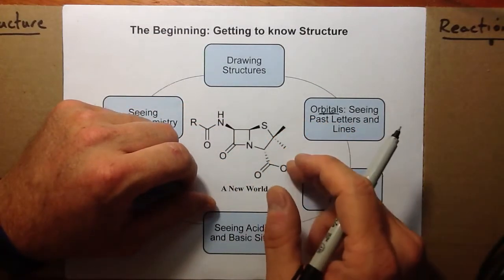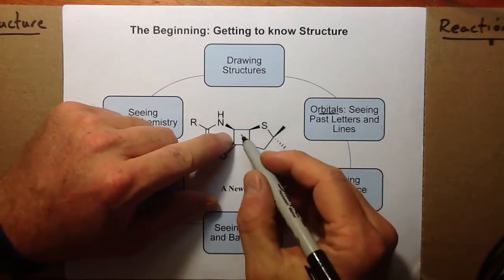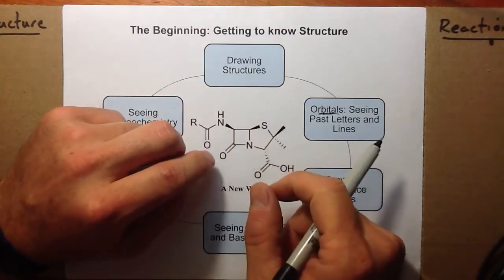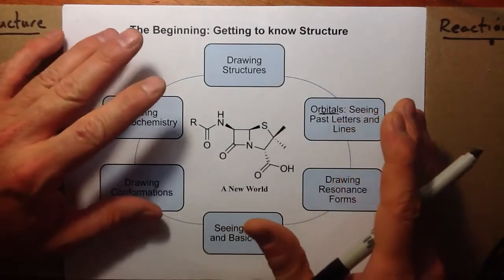Much developed in terms of our understanding of electrons. No longer would we look at just a line as 2 electrons bonding 2 atoms. That changed. So let's go into the second task.